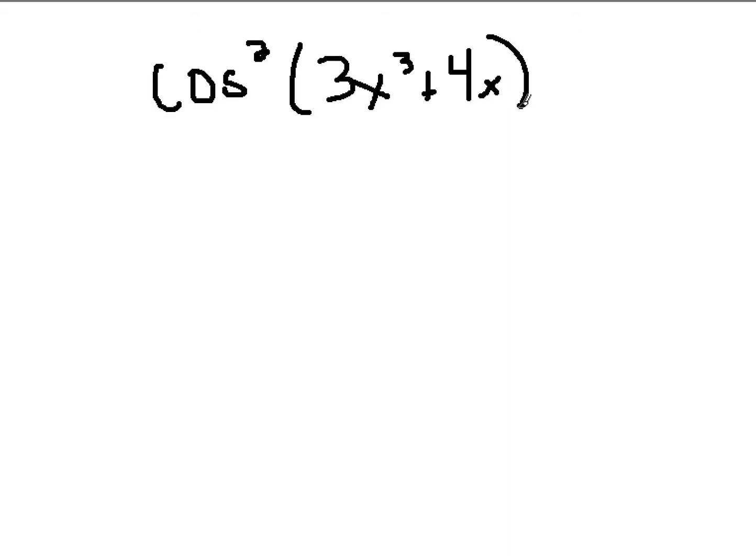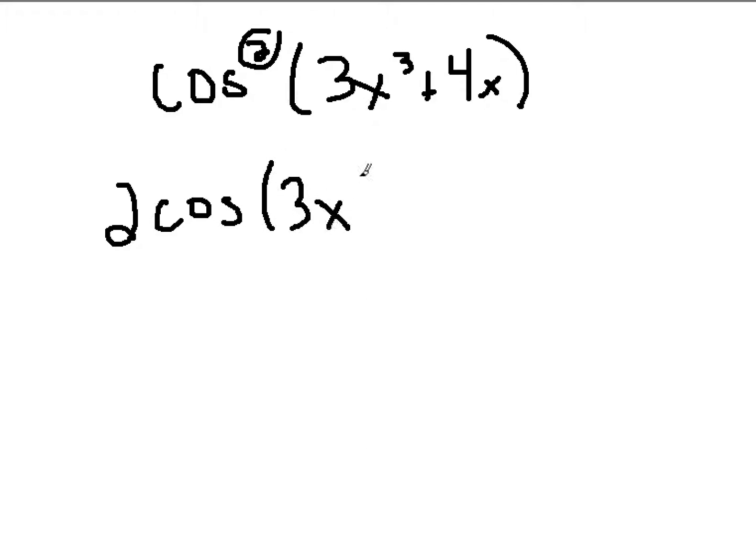Is the exponent what's outside? Or is what's in the parentheses the outside? The outside is actually considered to be the exponent. If this was x squared, my derivative would be 2x. So I'm just replacing that cosine and treating it like an x. So I'd have 2 cosine, and remember, nothing else changes. You're recopying everything.